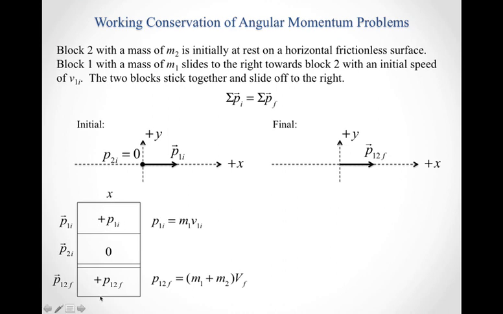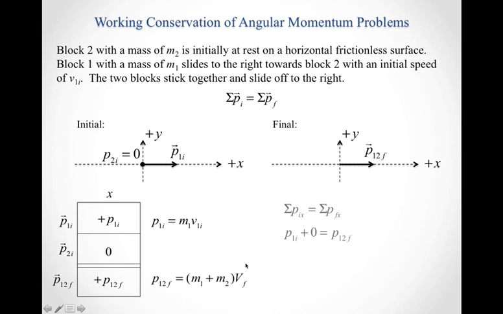Both my non-zero momentum vectors point in the positive direction. The magnitude of the initial momentum of block 1 is going to be mass 1 times block 1's initial speed. The magnitude of the total linear momentum of the system afterwards is m1 plus m2, so the total mass of that combined block, times its final speed.